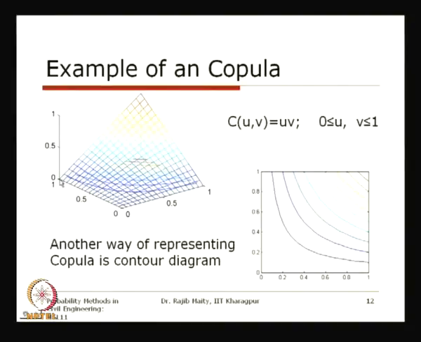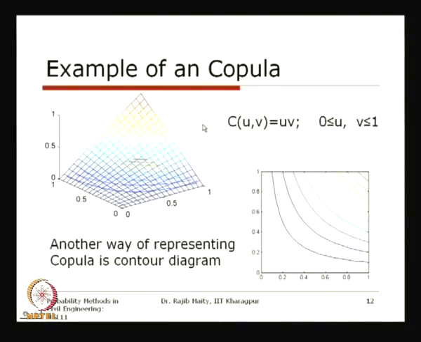This is reflected through this line, which is a 45-degree straight line over this plane. This is the direction of the copula function for one of the random variables. Similarly, this line is also a 45-degree line over this plane, for the other random variable.